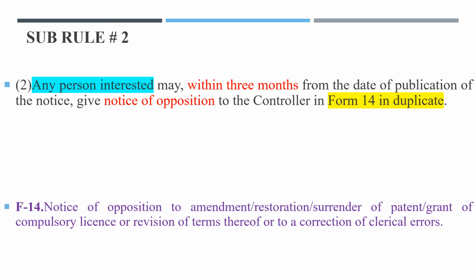He or she may, within 3 months from the date of publication of the notice, give notice of opposition to the controller via Form 14 in duplicate, where Form 14 is notice of opposition to amendment or restoration or surrender of patent or grant of compulsory license or revision of terms thereof or to a correction of clerical errors. Now I think this statement is pretty clear. So let us proceed to the next subrule.